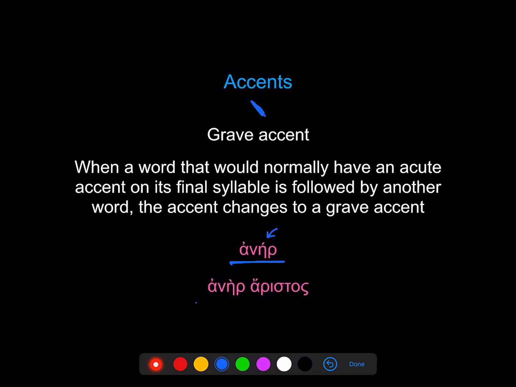But when we follow it immediately with another word, aner aristos, that acute accent on the ultima changes to a grave because aner is followed immediately by another word. Okay? So a grave accent, which meant originally either no raise of pitch where you would have expected or less of a raise of pitch, happens when one word is followed immediately by another word.